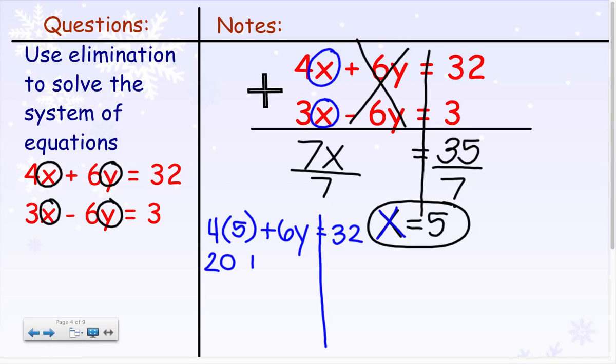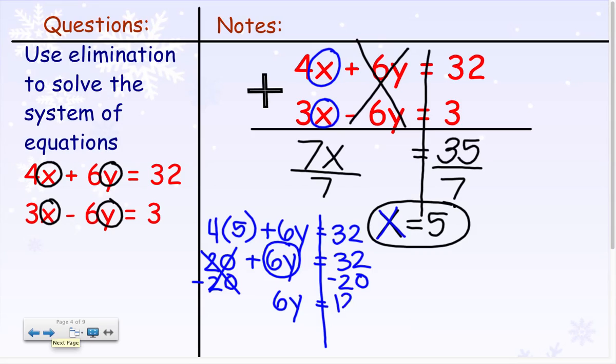4 times 5 is 20. And now it's just a couple and third wheel problem. 6y is my couple, 20 is my third wheel. So I'll subtract 20 on both sides, and break up my couple, dividing both sides by 6. And I'm left with y equals 2.